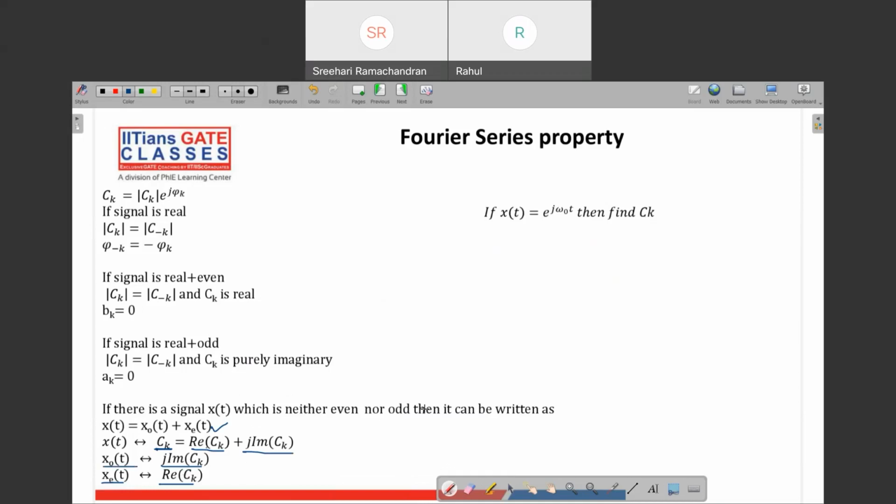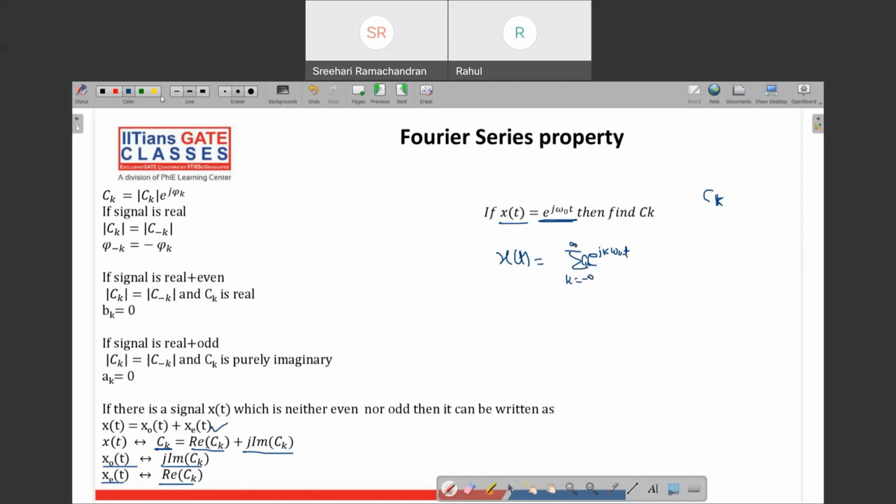Now I have a problem here. Let's say we have a signal x of t equal to e to the power j omega naught t, and we need to find out what c of k is. This is a very simple problem. You just need to compare this x of t with the summation of ck e to the power jk omega naught t, k equal to minus infinity to infinity.